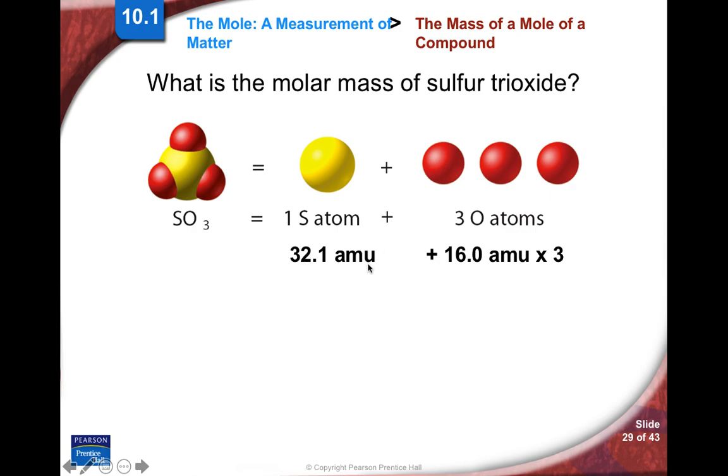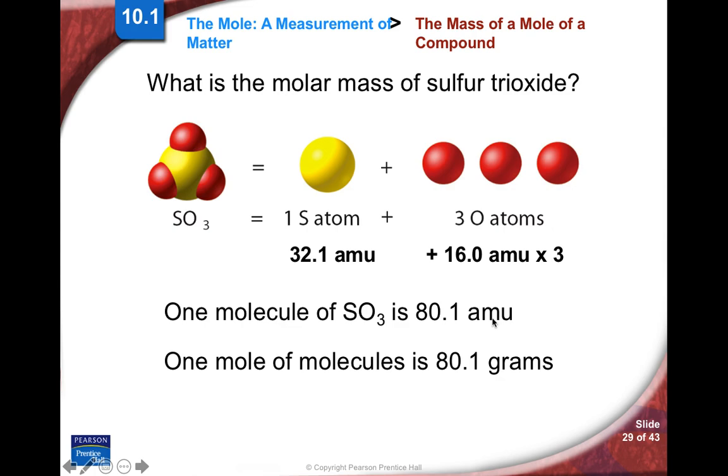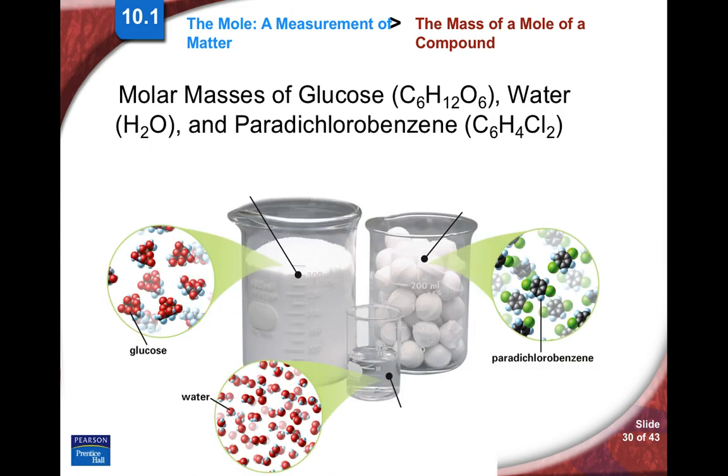I can't remember off the top of my head, but just round it for right now to the tenths place. Sometimes it's beneficial to go out to the hundredths place, the pennies place, but most of it's going to come out pretty straightforward and pretty easy. So 32.1 plus 48 gives you 80.1. And it really should be AMUs. It's also 80.1 grams for a mole's worth of this molecule.